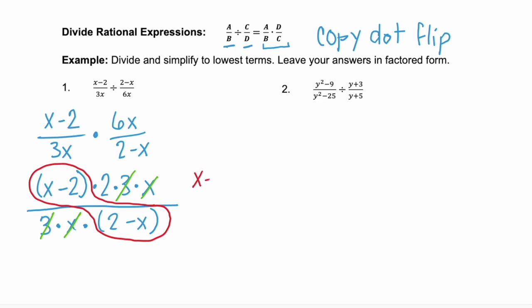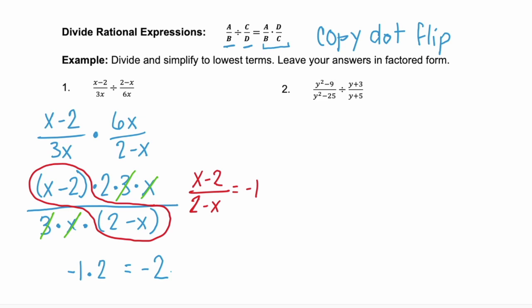Remember that when you have a rational expression in this format, that simplifies to -1. So that simplifies to -1 times the only other factor we have left, which is 2. So our final simplified form here is -2.